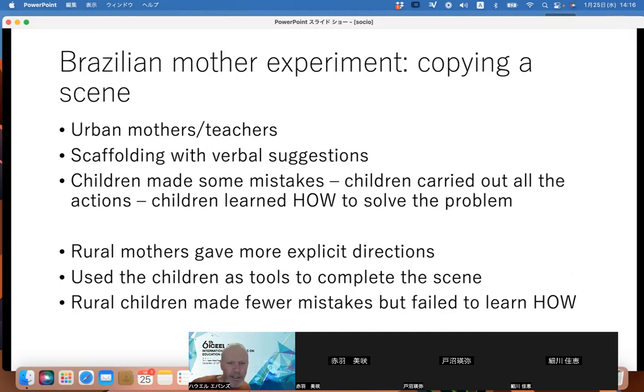Okay, so maybe it's not that easy to think about, but they noticed there was quite a big difference in the way that they approached the problem. I think the suggestion is that the urban mothers' goal was different. The urban mothers' goal was to educate the child.